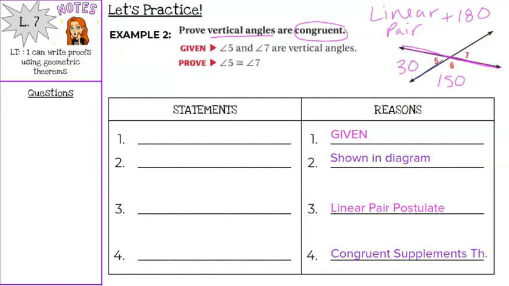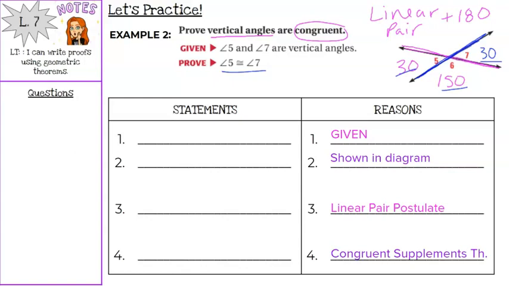And the same thing goes for here. We have angle 6 and angle 7 are also making up a straight line. So they would also be a linear pair. We already know angle 6 is 150, so angle 7 would have to be 30 to make that linear pair true. So you can see that angle 5 and angle 7 would then have the same measure, making them congruent.